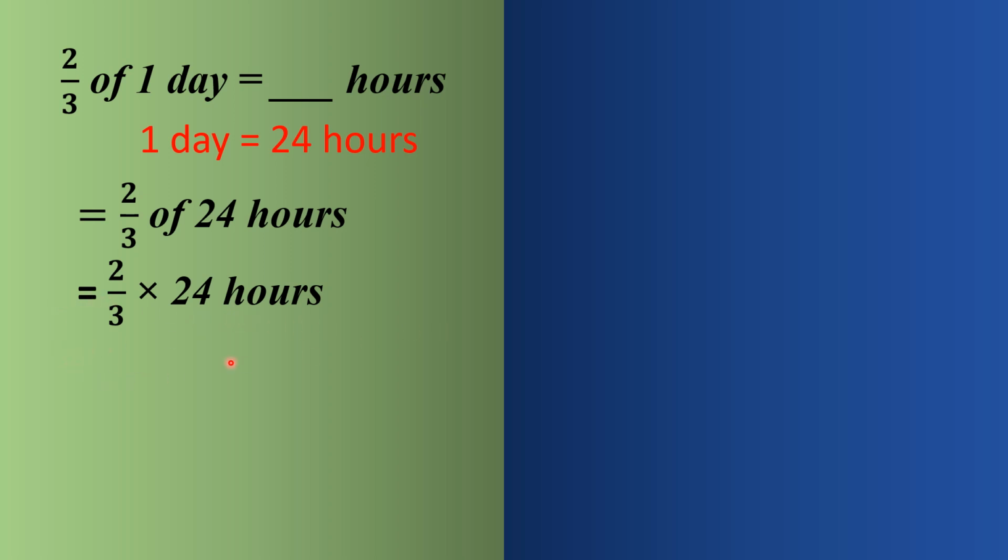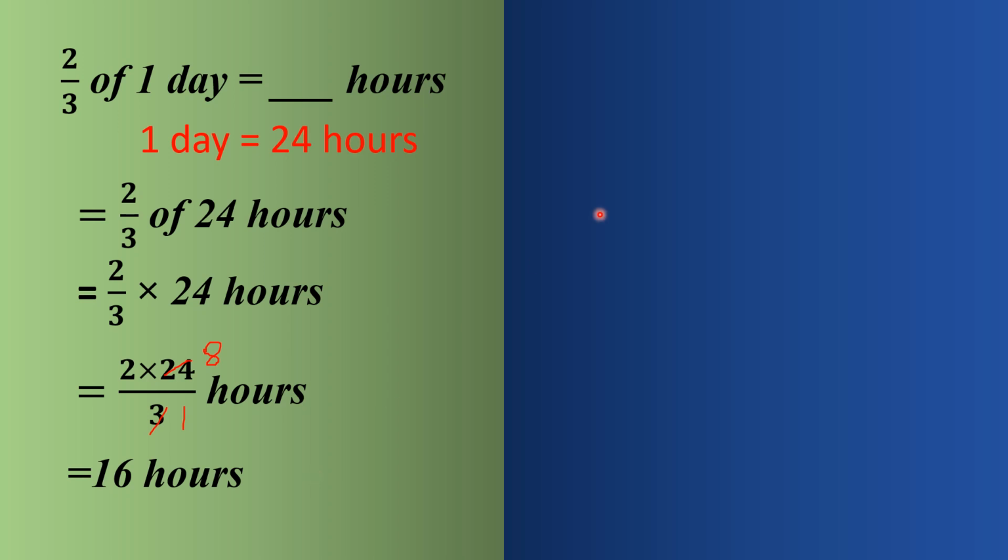Now it is very simple to solve. 2 into 24 by 3, and we know that 24 and 3, the common divisor of both is 3. So 3 eights are 24 and 3 ones are 3. So the final answer is 16 hours.